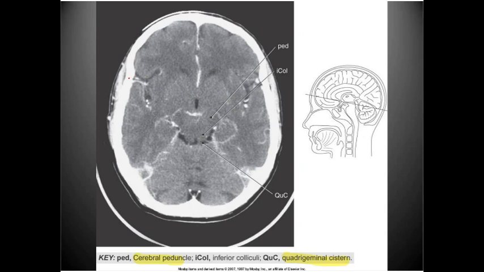Here's another axial image. We have lateral fissure once again, third ventricle, frontal horns of the lateral ventricle, cisterna magna, tentorium cerebelli, falx cerebri. This is probably the anterior cerebral artery.